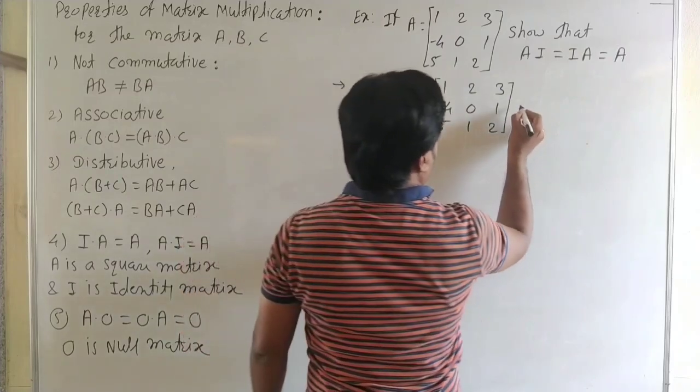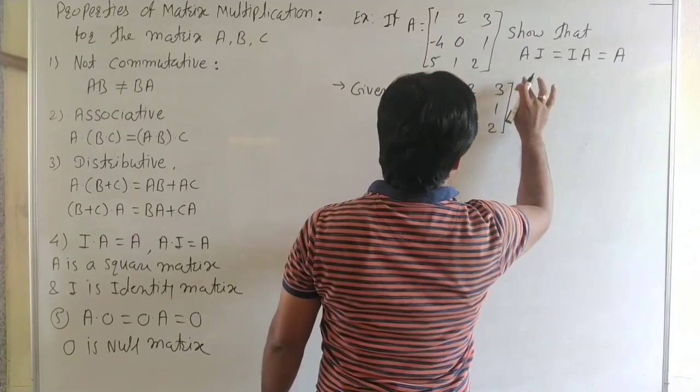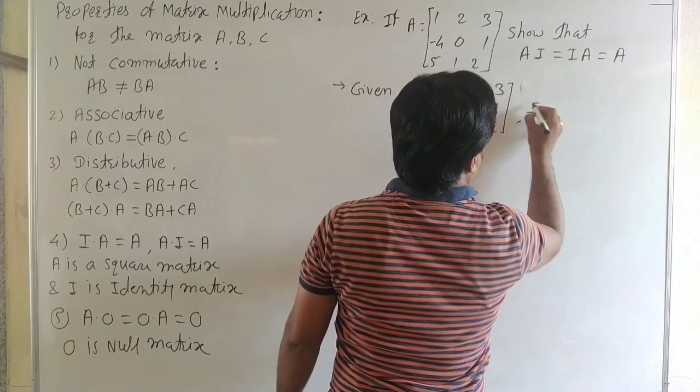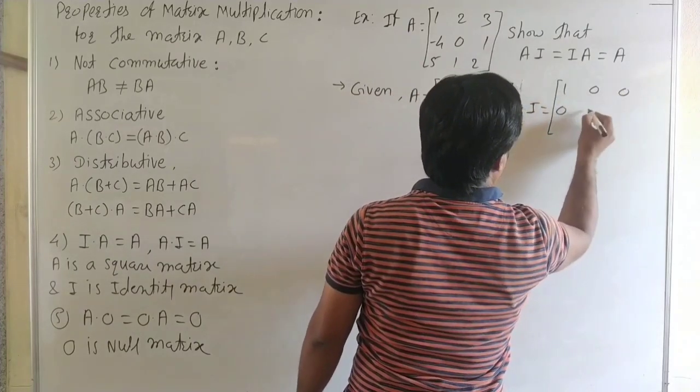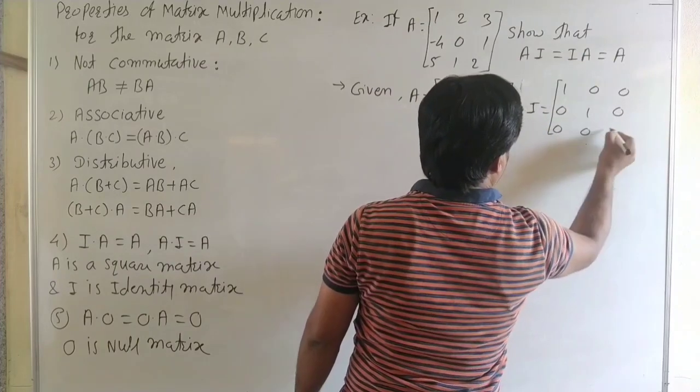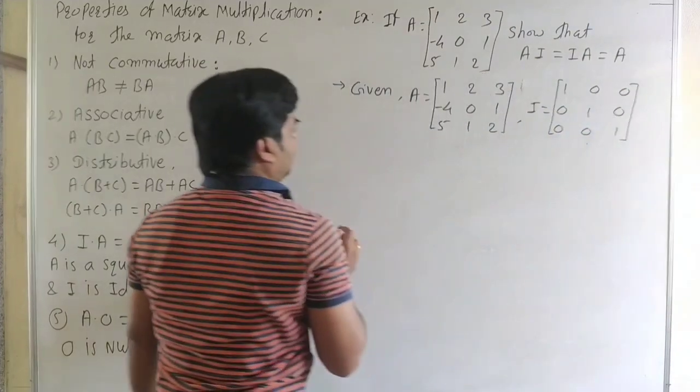Then the identity matrix I of order 3: 1, 0, 0, 0, 1, 0, 0, 0, 1. Now first prove A into I.